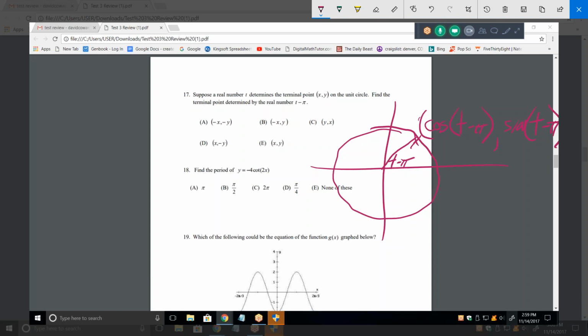Now, find the terminal point. I'm thinking.